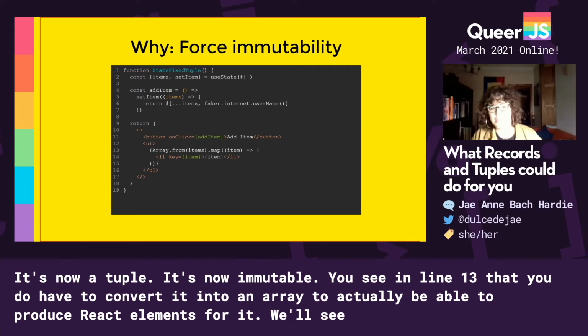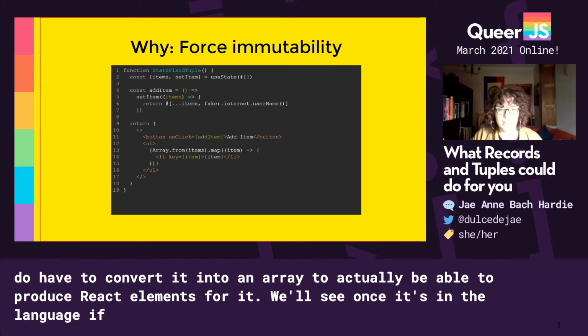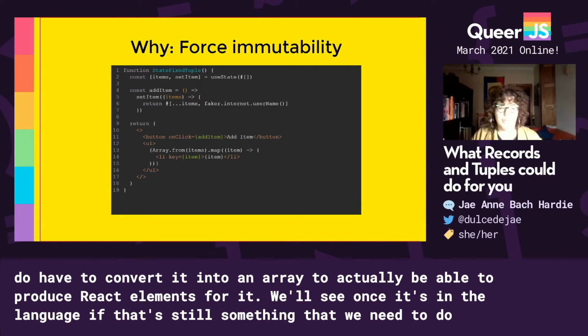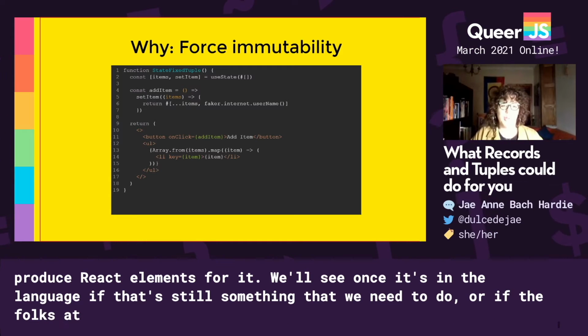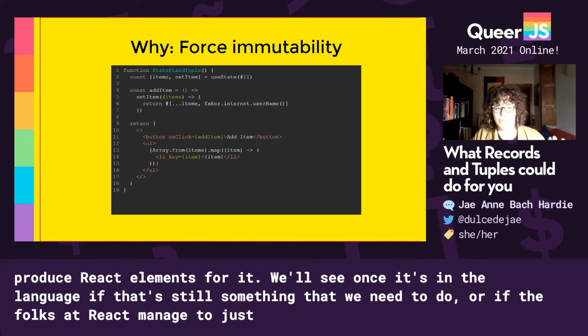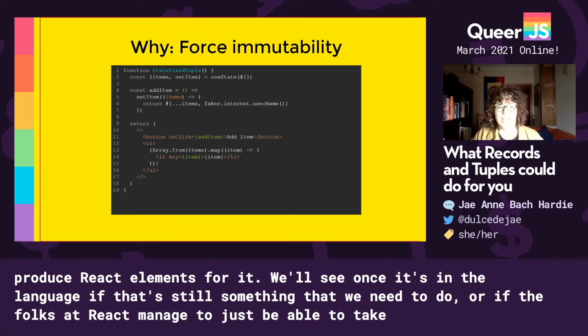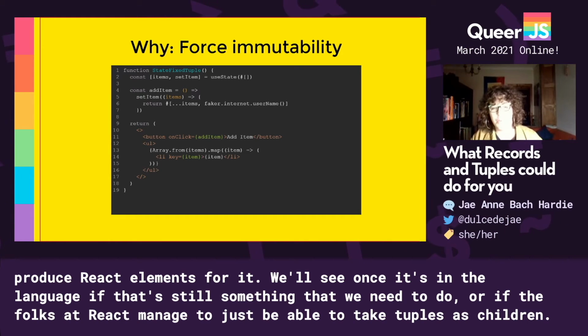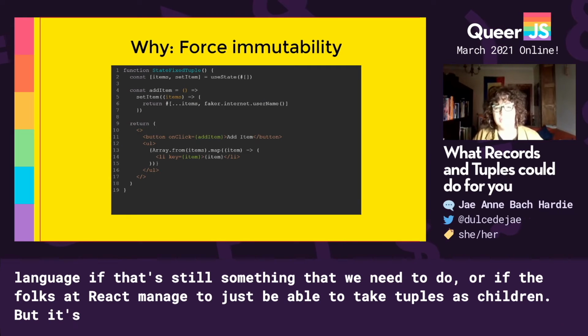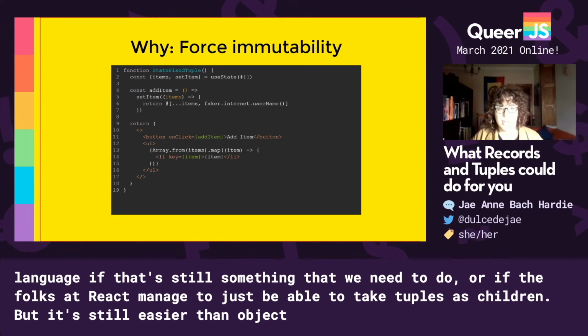We'll see once it's in the language if that's still something that we need to do, or if the folks at React managed to just take tuples as children. But it's still easier than Object.freezing everything every time that you might modify it.